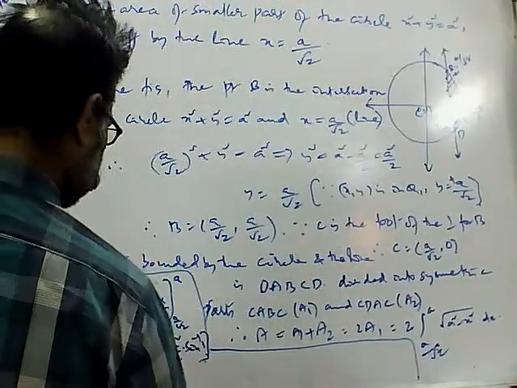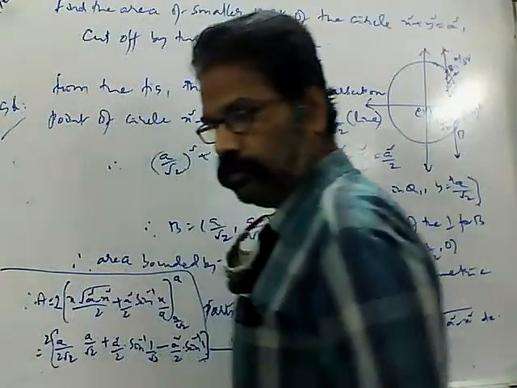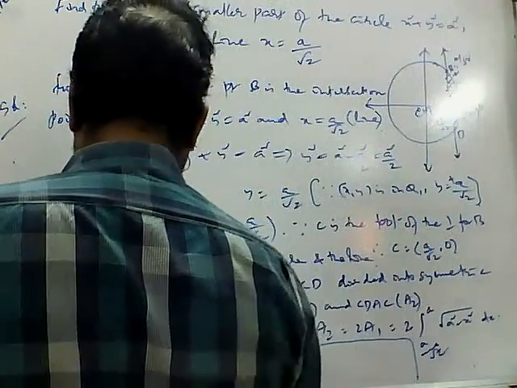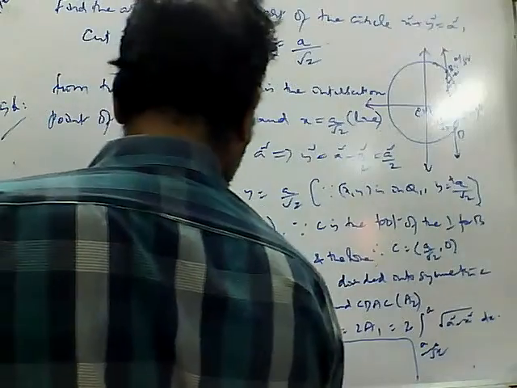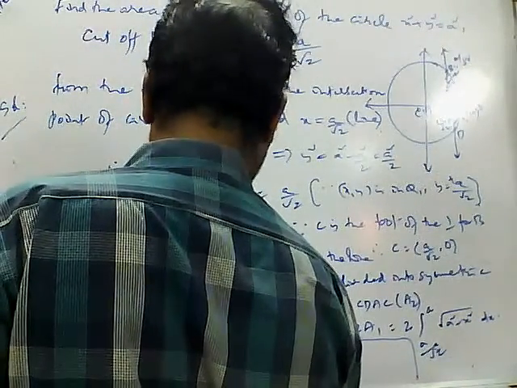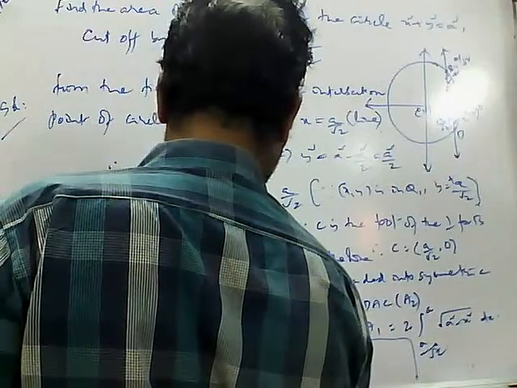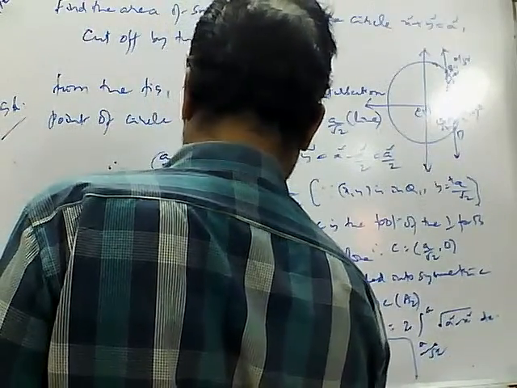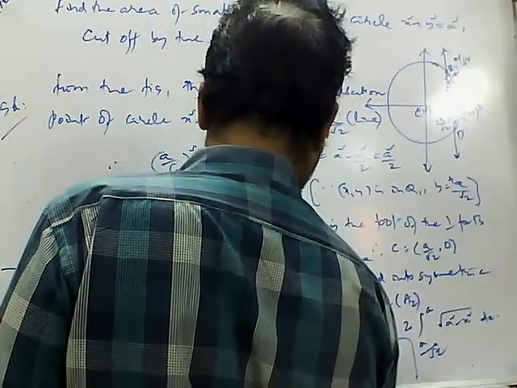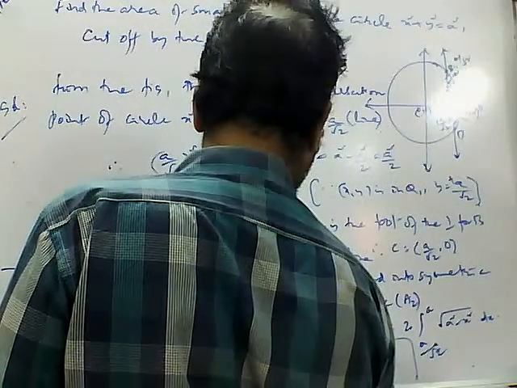That is equal to, is it visible? 2 into [a squared by 4 plus a squared by 2 into pi by 4 minus a squared by 2 into pi by 2].